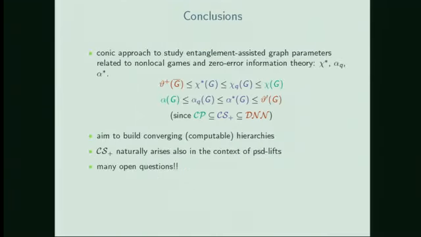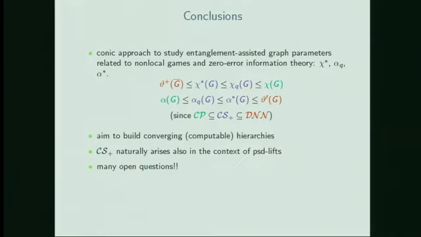So let's get to the conclusions. One thing I want to stress is that, for the purpose of this talk, I talked only about the quantum chromatic number, but this is not the only parameter that we can reformulate with these cones. These parameters appear in the case of non-local games, but also in zero-error entanglement-assisted quantum information theory.